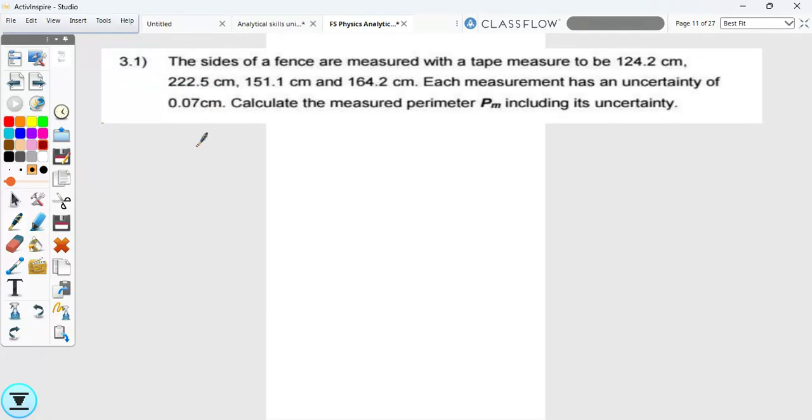Now there is a problem in that, because if you're looking at the values, you've got 124,2 plus or minus 0,07. So you can see that they made a mistake in this, because the uncertainty cannot sit further than your last digit that you could measure with your piece of apparatus.